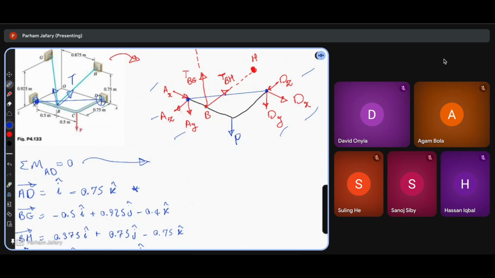I know that none of the components of support A and support D have any moments around AD. So the only forces that actually act around AD are these three: TBG, TBH, and P. Right? So, which one should we start with? Let's just start with TBG.